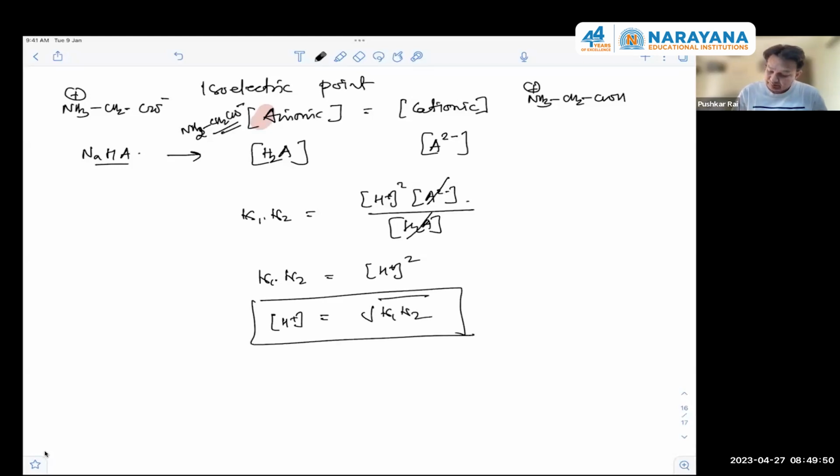So this is the pH at the isoelectric point. So what is so special? There is nothing so special.